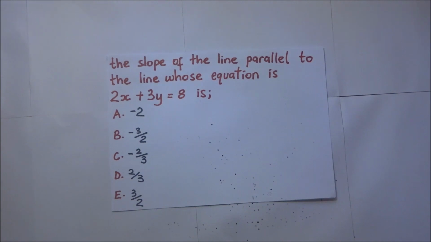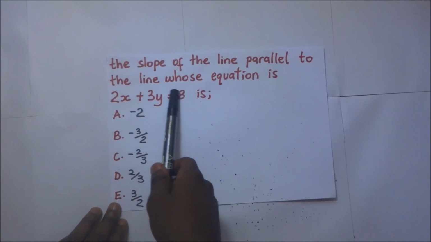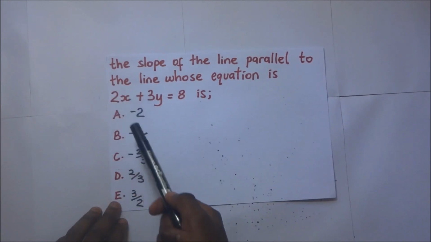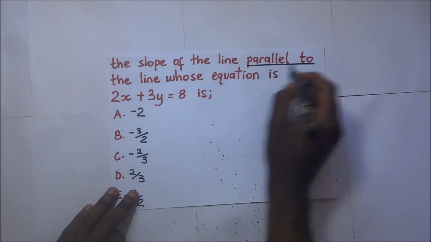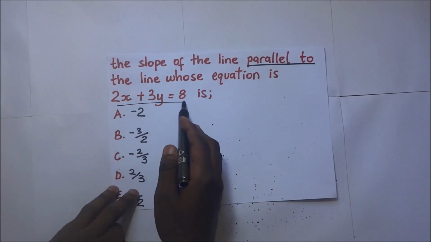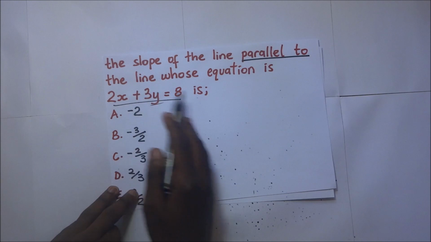So the slope of the line parallel to the line whose equation is that is, so we know that parallel lines have the same slope. So if we have the slope of this line, we have the slope of that parallel line. So what's the slope of this one?